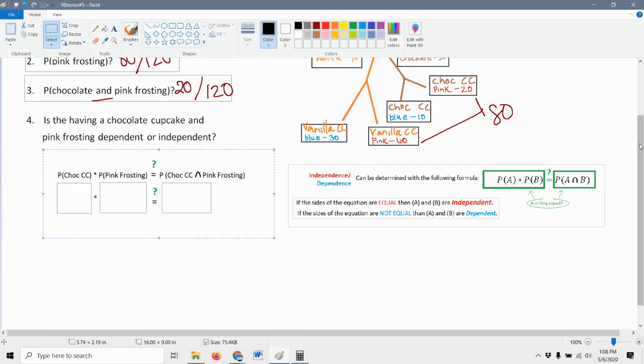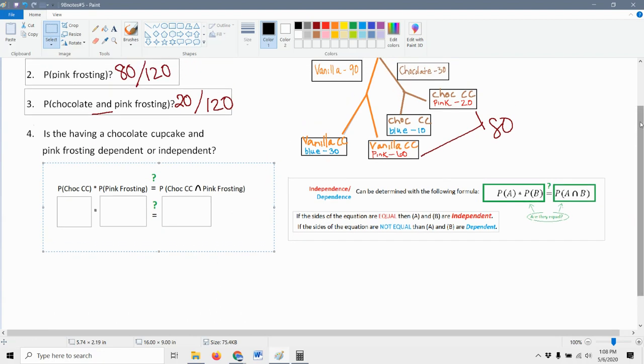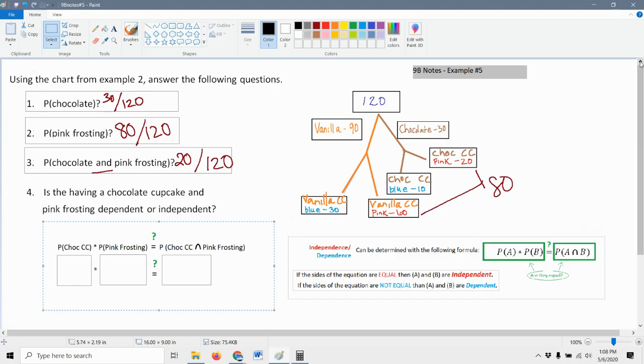And we're just going to plug in the numbers that we've already found that go with each part of our formula. So again, we need to look at the probability of our first event. And in this problem, the first event is the probability of being a chocolate cupcake. Well, we already found that, right? So the probability of being a chocolate cupcake is 30 over 120.